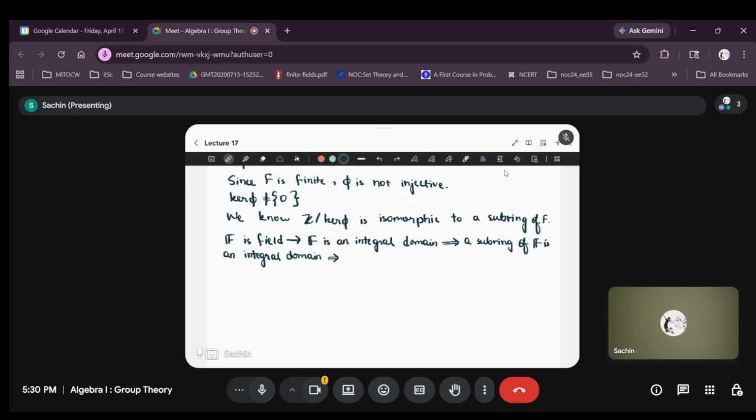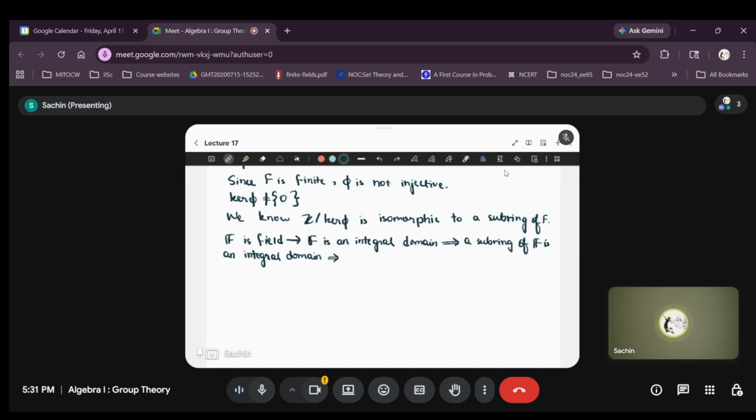Here we are using ring properties. That's why Z mod kernel phi is not a field. Z mod kernel phi will be a ring.